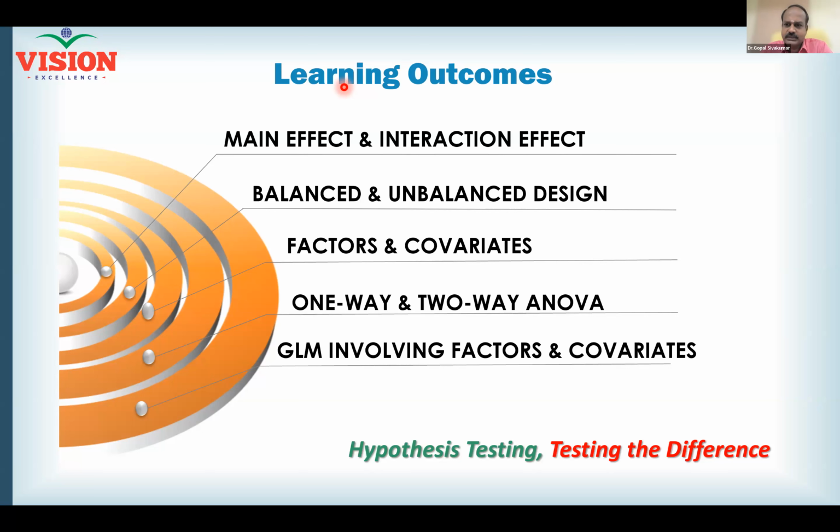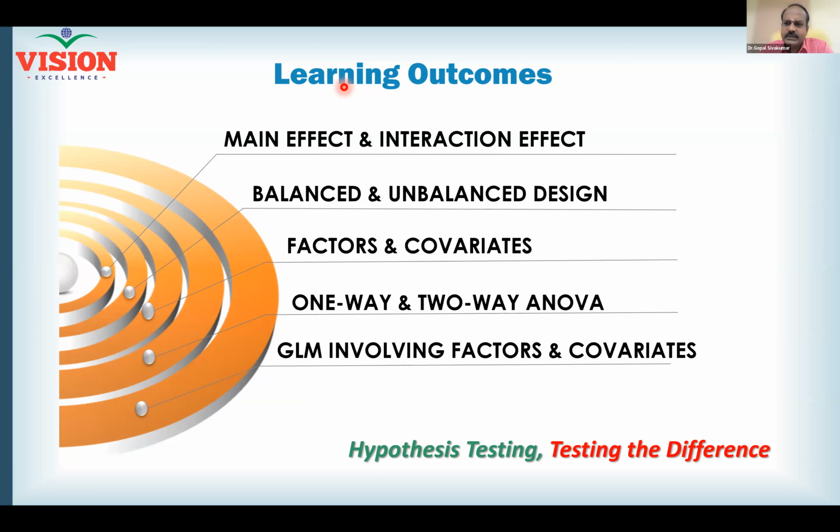There are certain factors which are under direct control, and there are certain factors which are beyond your control. The factors under your control, we normally call factors. But the factors beyond your control, sometimes we call noise factors, sometimes covariates, right?